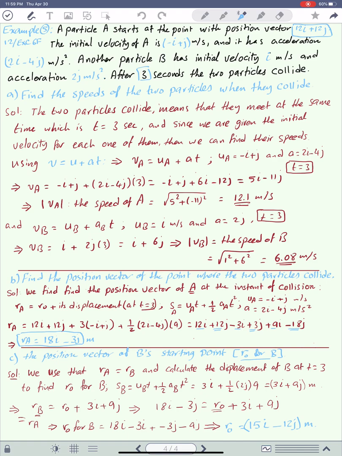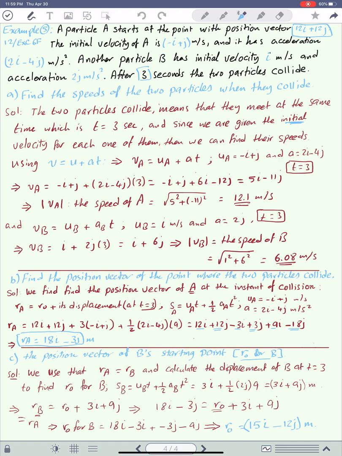Particles will meet. Since we are given the initial velocity, u, for each particle, we can find their speeds using the old formula we know from the first chapter, v equals u plus at. So for A, better to write VA. We explained this well in the previous chapter. Be consistent, be convenient.